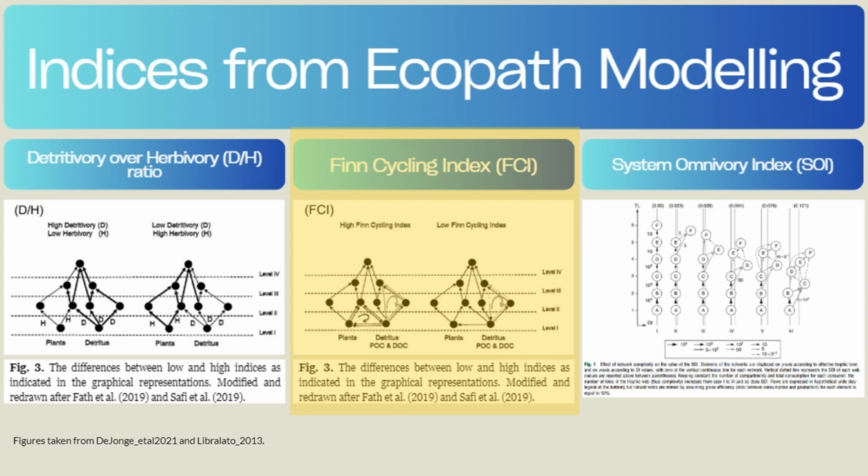This ratio represents the percentage of energy flow being recycled in an ecosystem. Here, knowing the aggregate biomass of an ecosystem is needed in the computation of the ratio. 3. System Omnivory Index, SOI. This ratio represents the level of omnivory in an ecosystem. Knowing the feeding habits in an ecosystem is essential in the computation of the ratio.